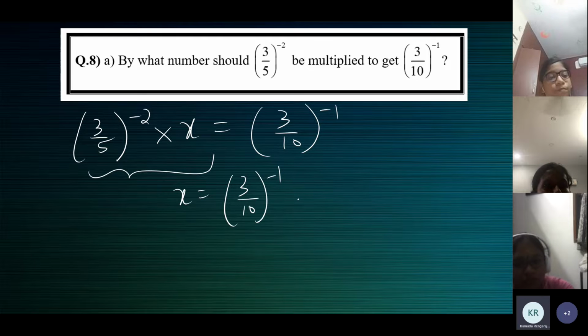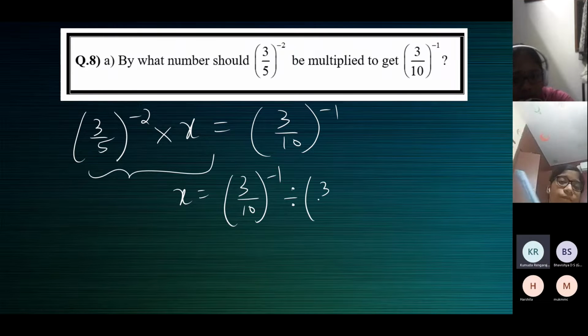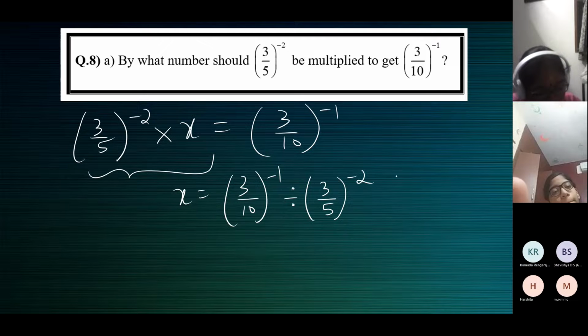What happens when (3/5)^-2 comes to the other side? It comes to division, because it's in multiplication. It comes divided by, as it is. The same thing will come here, but for division.